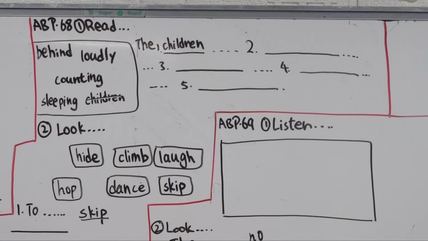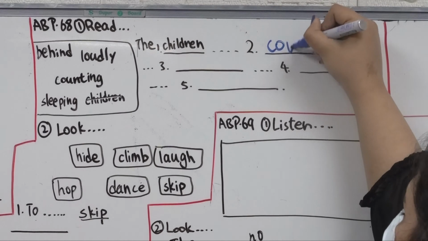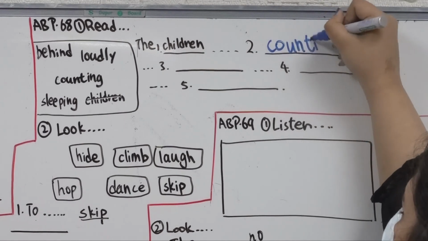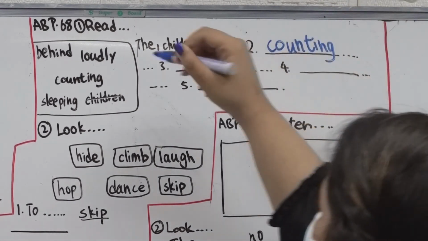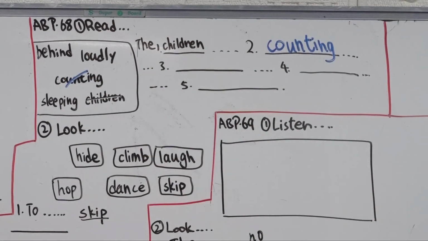Mary and Jim are, behind, loudly, counting, or sleeping. Mary and Jim are counting to 100. So please write counting on number 2.